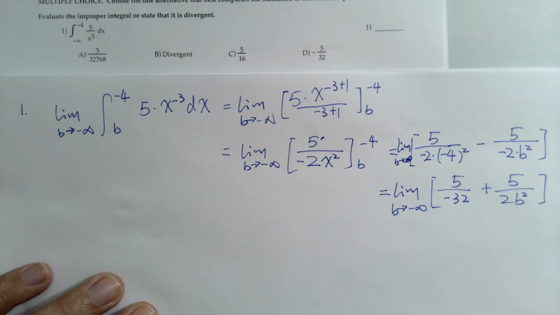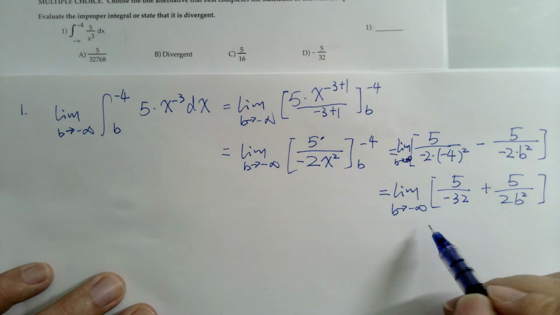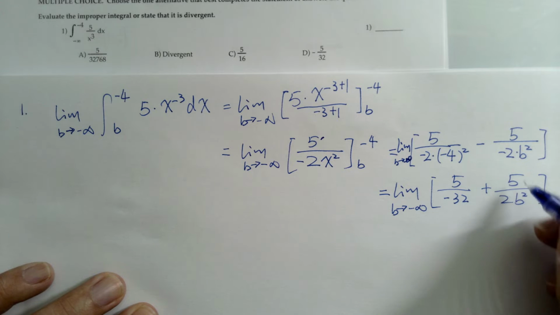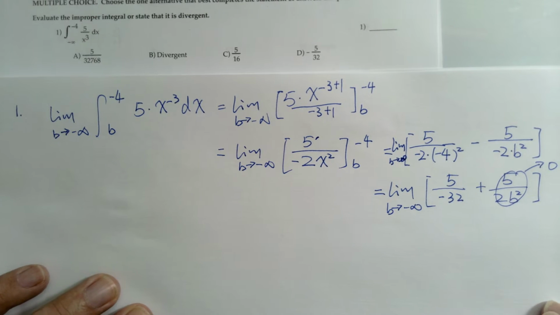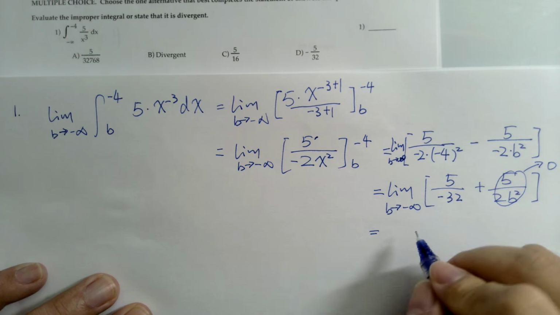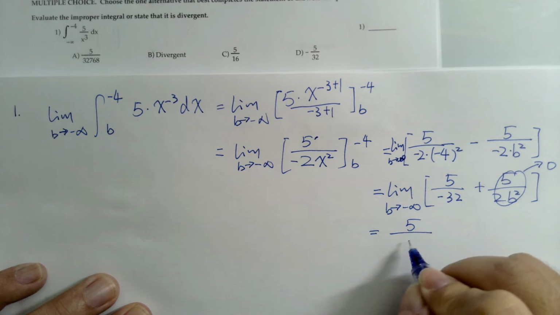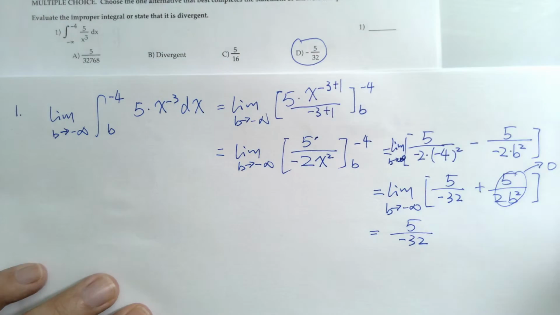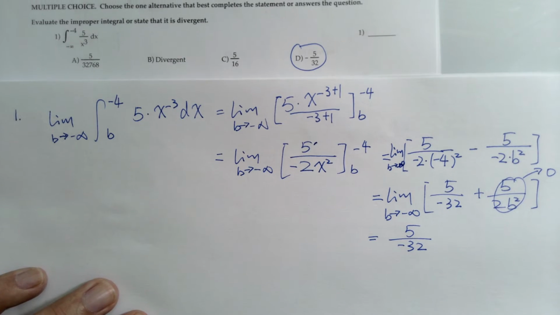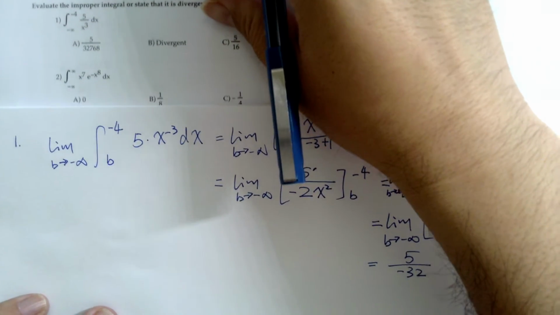And as b approaches negative infinity, do you realize that this part actually goes to 0, right? So hence this is going to give us 5 over negative 32. And if you check, the answer for this one is going to be D. Okay, so that's number one.